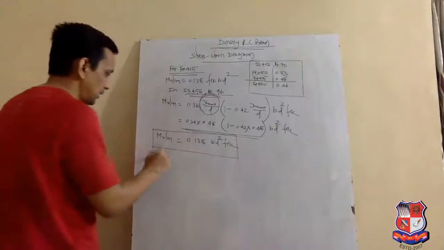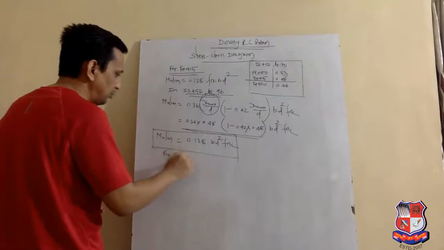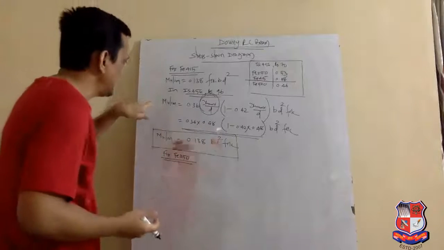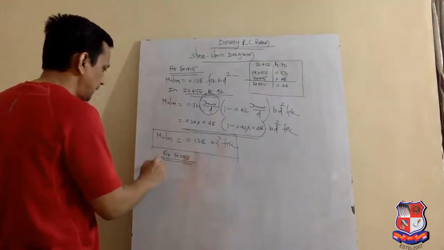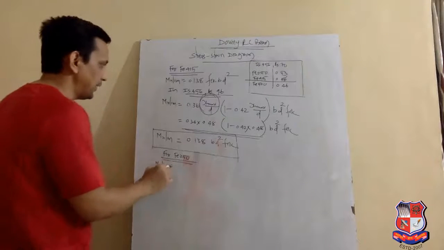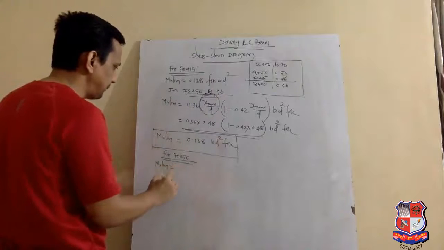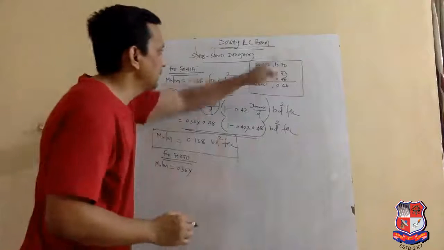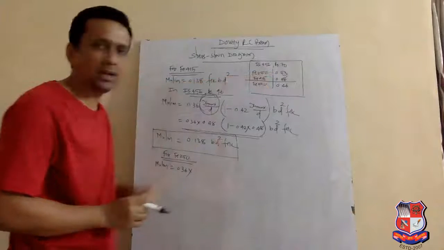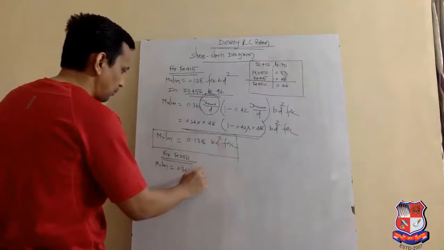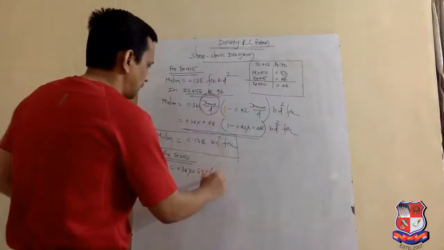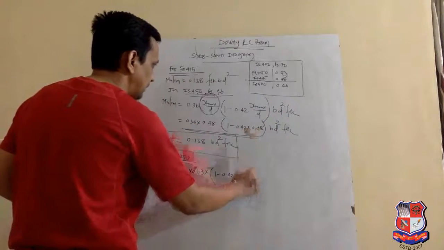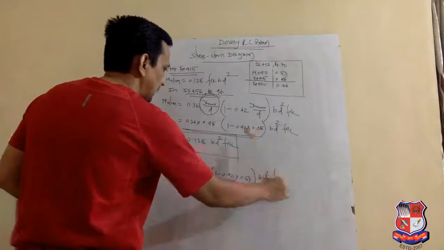Now let's see for Fe 250, what will be the equation of MU lim? Again, the equation of MU lim will remain the same as it is given in IS 456 page number 96. For Fe 250, what will be the value of XU max by D? It will be 0.53, so 0.36 into 0.53 into (1 minus 0.42 into 0.53) BD square FCK.